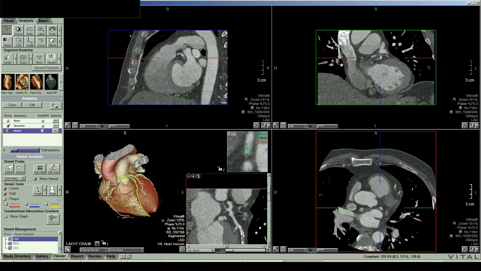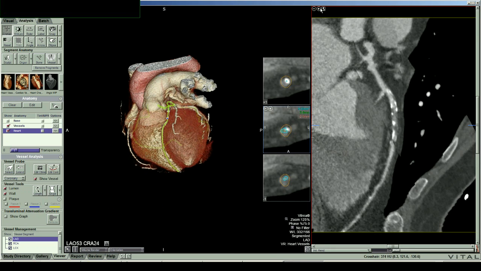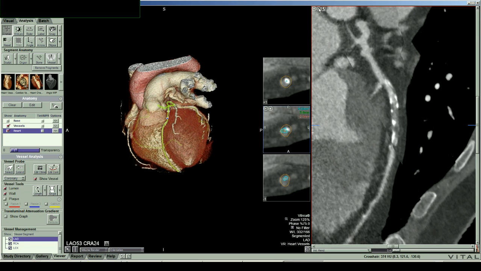It's hard to tell where the collaterals are. Let's look at the main vessel itself. So here's the left anterior descending. There's an artifact in the left anterior descending. But as we come down here, you see the contrast becomes very dark, and it gets down to 34. So there's no contrast in there. Then we come back up to 496.